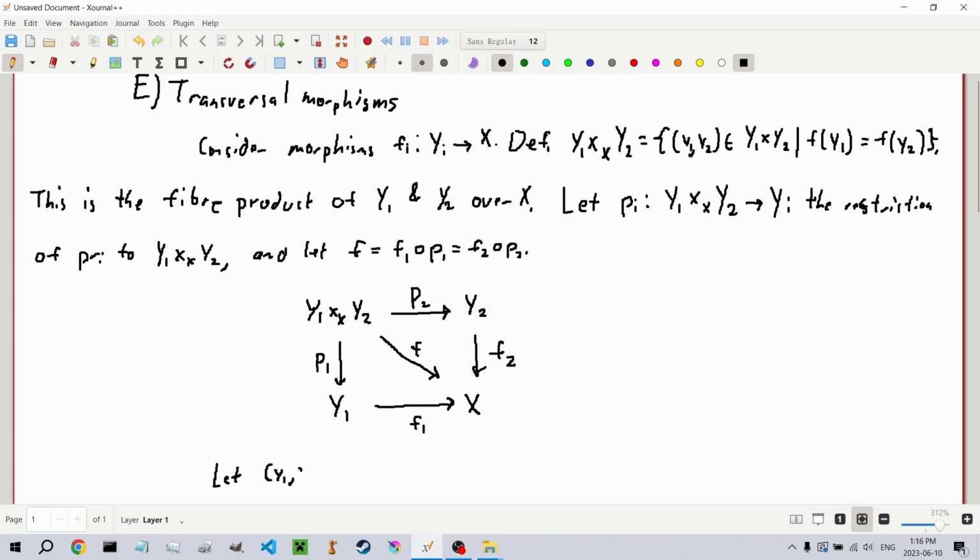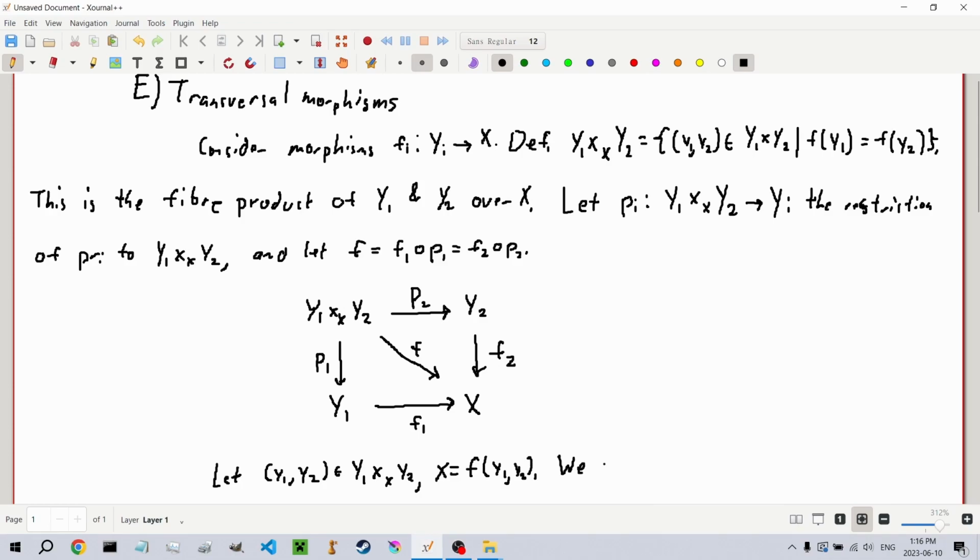Now we're going to let y, being (y1, y2), be in the x fiber product of y1 and y2. Let x be the image of this point under f.